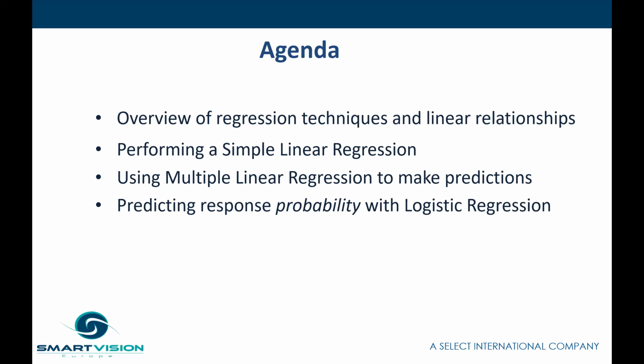And then at the end, we're going to switch tack entirely and move to using logistic regression and how we interpret that, to predict a response probability. So a very different situation where we're trying to predict, instead of a continuous scale outcome, a numeric value outcome, we're actually going to try and predict a category outcome and use logistic instead for that.